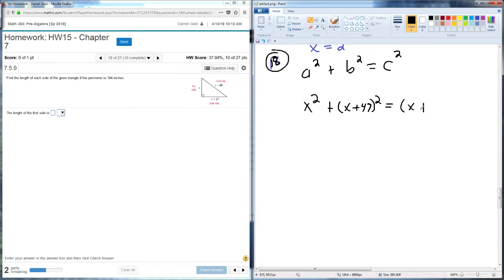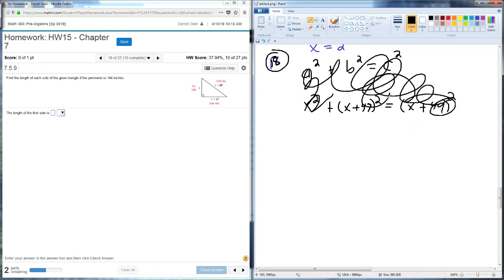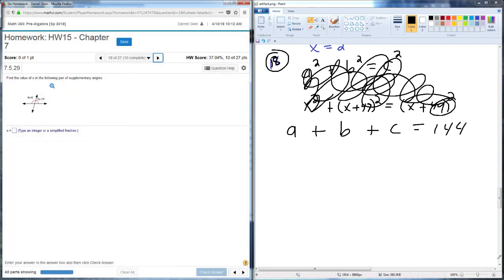Wow, those are very large numbers. Oh no, never mind. It is perimeter, not Pythagorean theorem. Perimeter is the sum of the sides, which in their case is 144. Just add up x plus 47 plus x plus 49 equals 144. Skip that one.